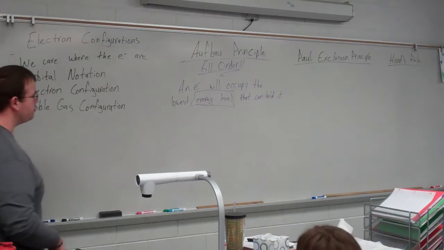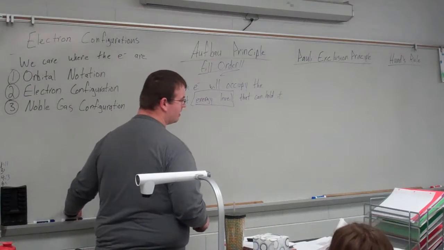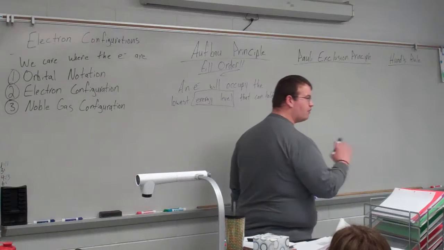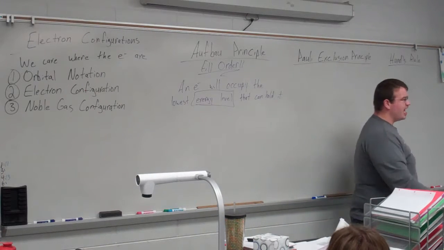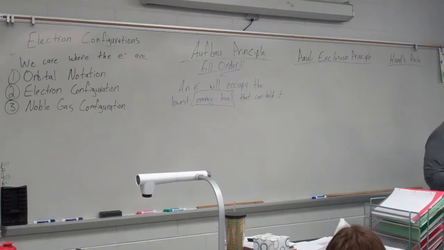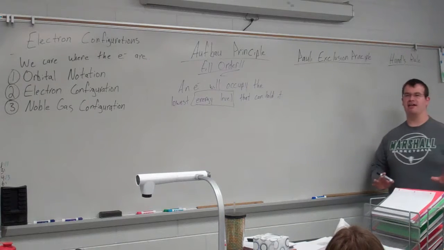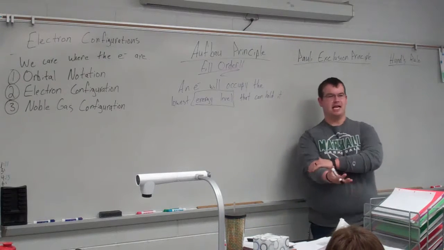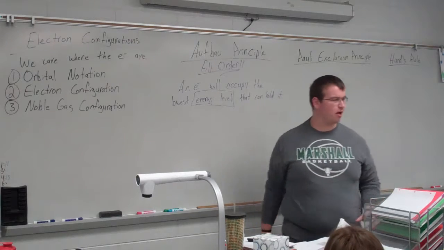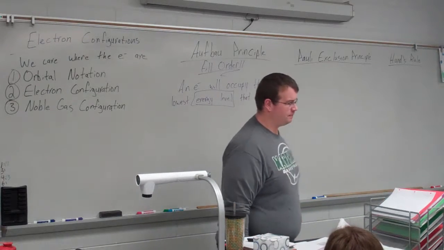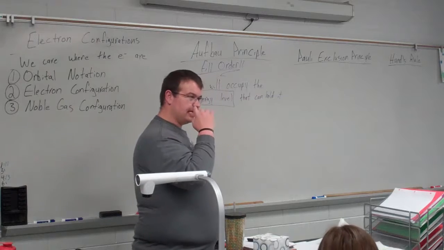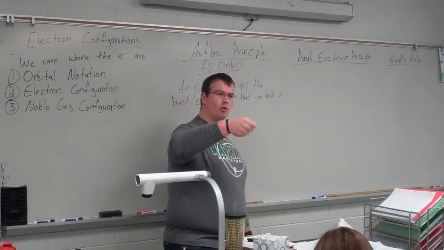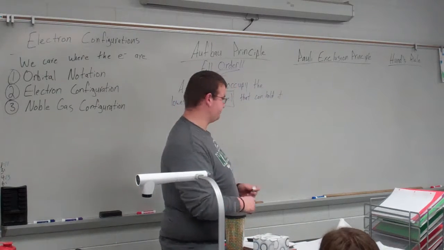Okay, so in this, here's the first method. This is probably the one that over half of you in this room is going to choose. And I hate it. It drives me insane. I despise it. I feel like it is absolutely the worst of the two options, but I give it to you in case it helps you. The key to this is knowing what numbers they start with.